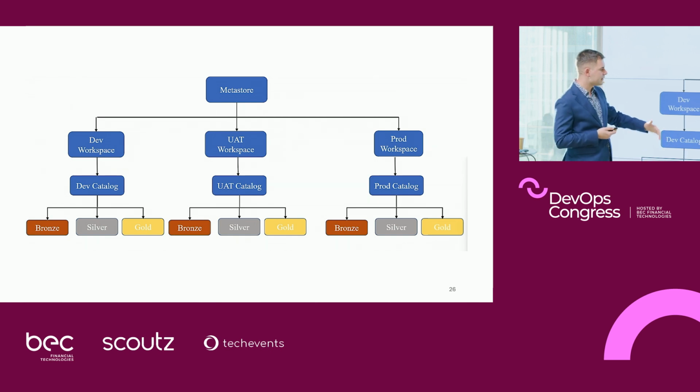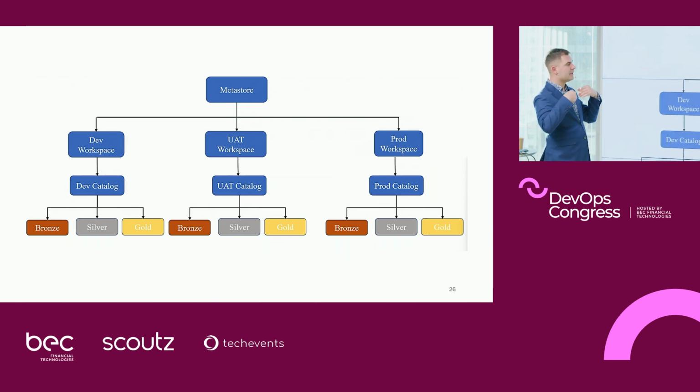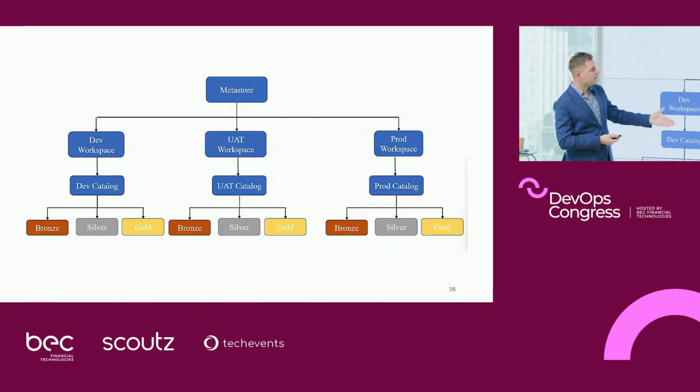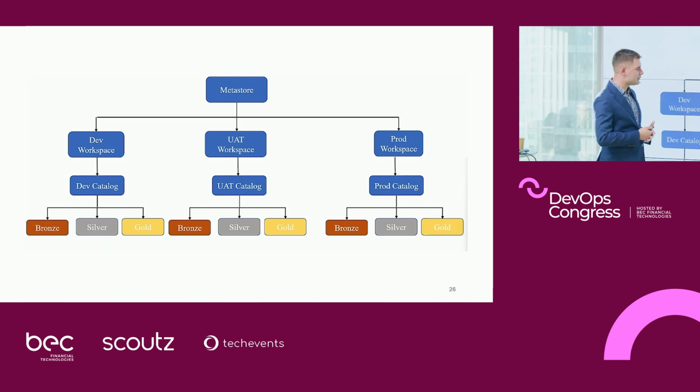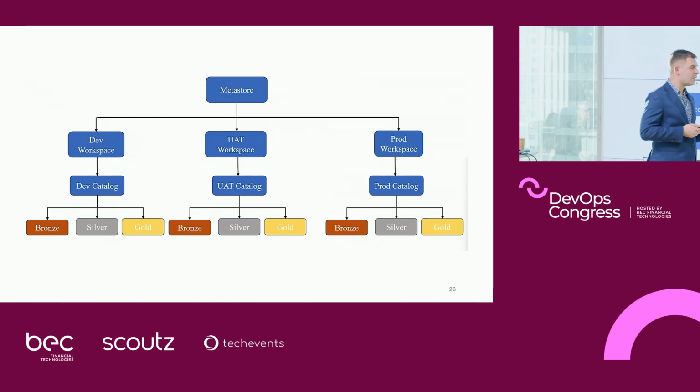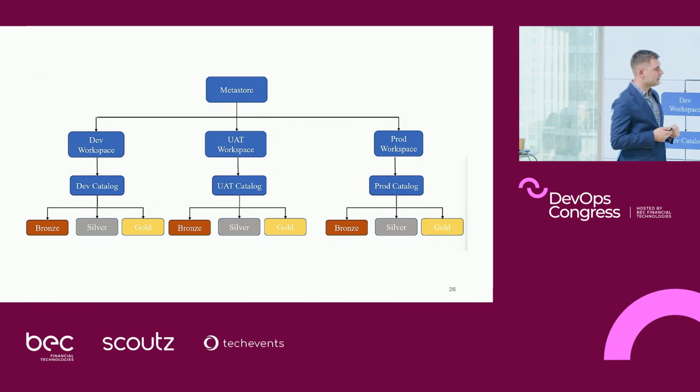So imagine the situation: our data scientists create a workspace, create dev code, and they want to test it. Yes, so this is the dev workspace. Then we have a UAT workspace where we show our business our progress. And then the production, where our production is working.